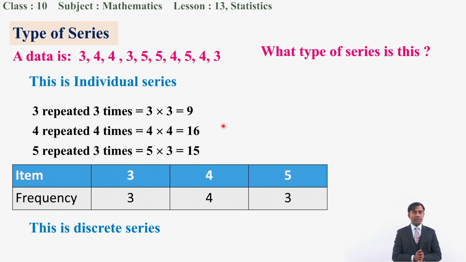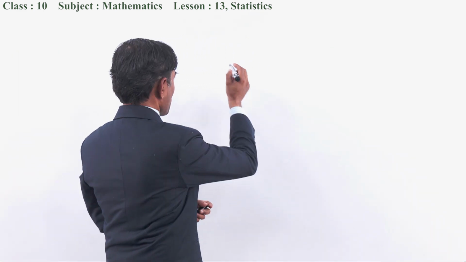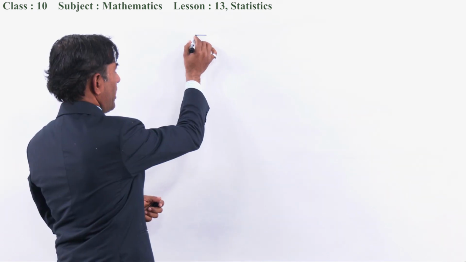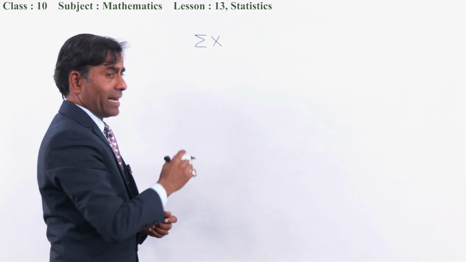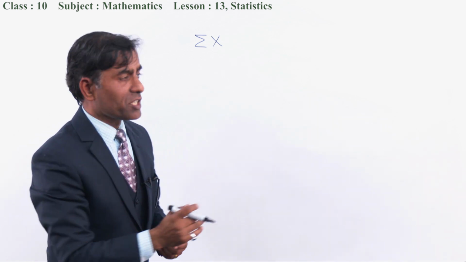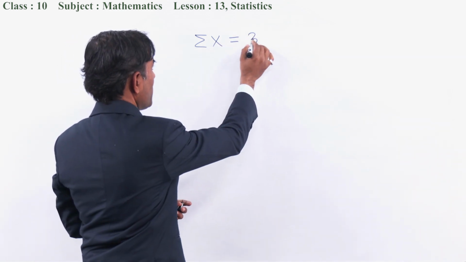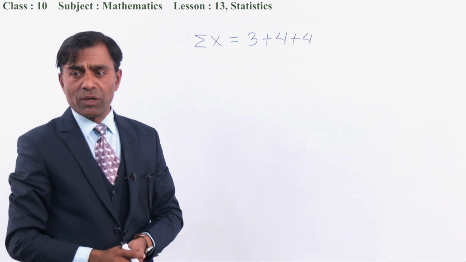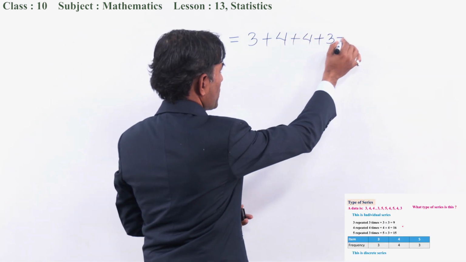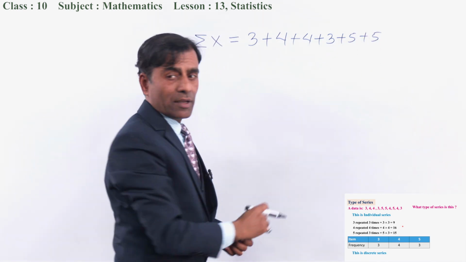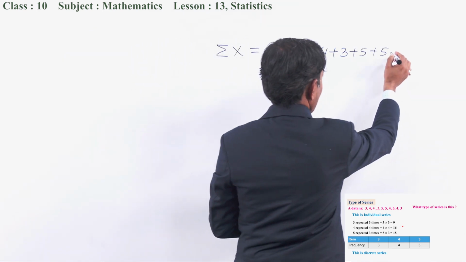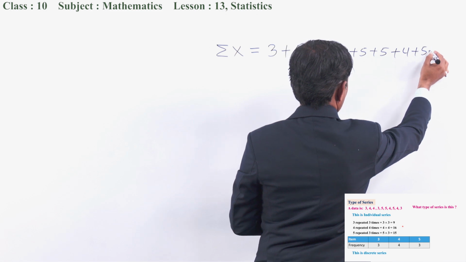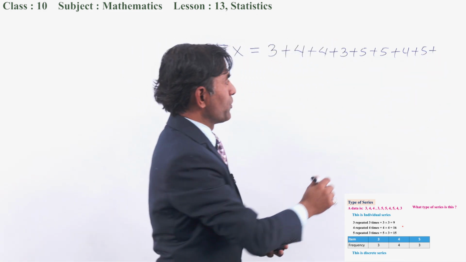So let's see how to find the mean for the individual series and the discrete series. Taking the individual case on the board, first we find the total of the given data. This is equal to 3 plus 4 plus 4 plus 3 plus 5 plus 5 plus 4 plus 5 plus 4 plus 3.